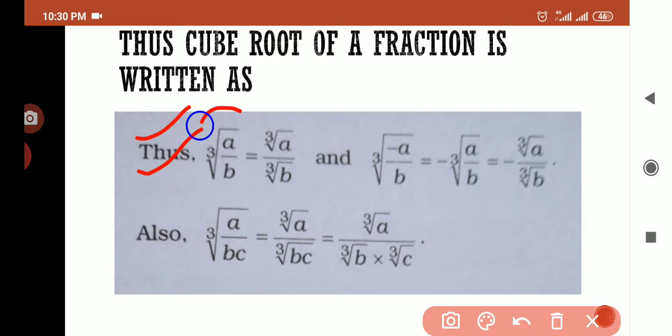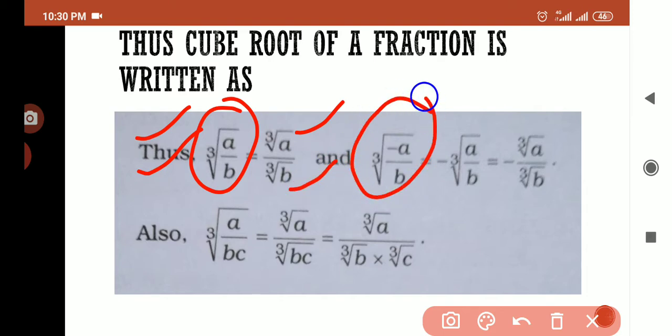Now the cube root of a fraction can be written in the following forms. First, to find the cube root of a upon b, we take the cube root of a and the cube root of b. Second, if it is asked to find the cube root of minus a upon b, if the fraction is with a negative sign, then the negative sign is taken out and then the cube root is taken, as we have discussed in the first form.